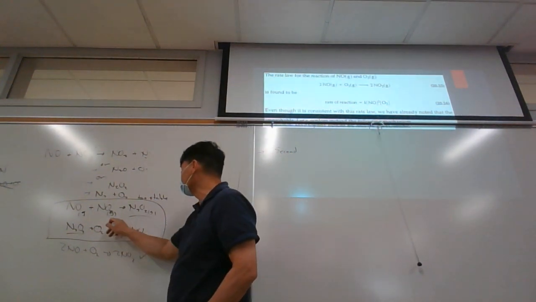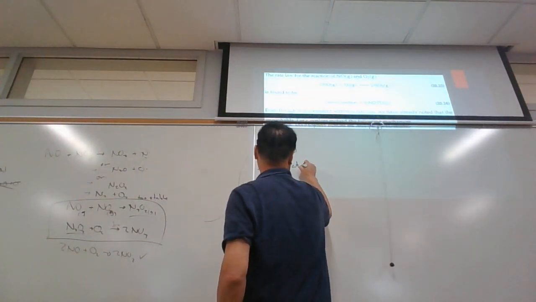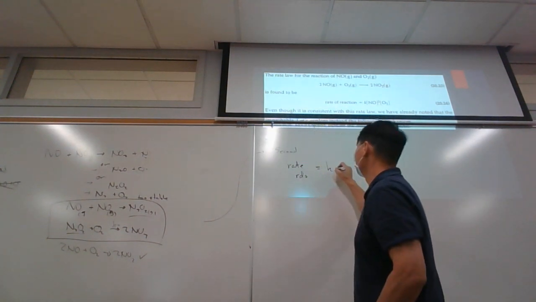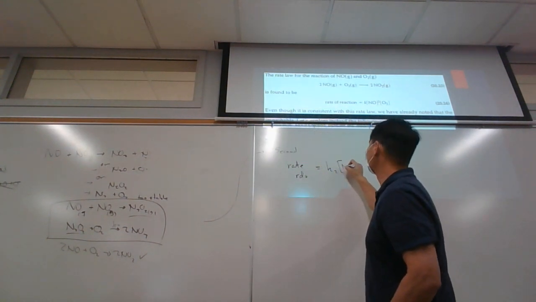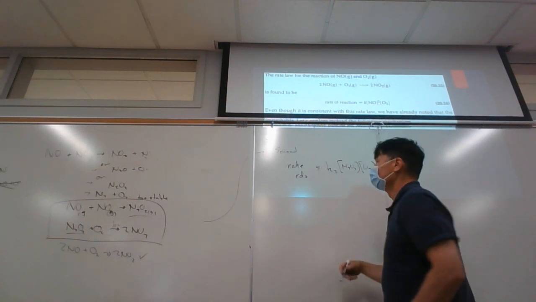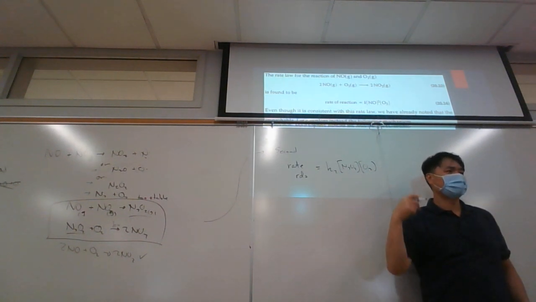Okay, the second step I'm going to call K2. And so the rate for the RDS, which is the second step, is equal to K2, and then it's going to be first order in N2O2 and first order in O2. This doesn't agree either.